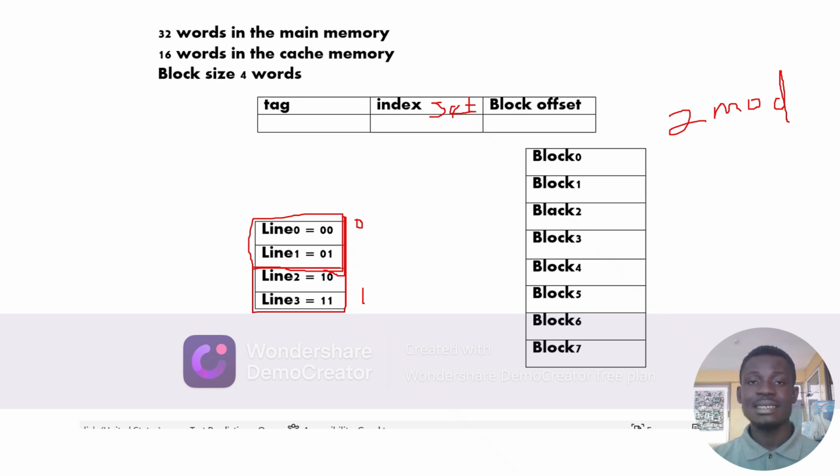So what's the set? The set is 2 sets. So the answer you get, 2 modulo 2 is 0. So it means this block will map to set 0.